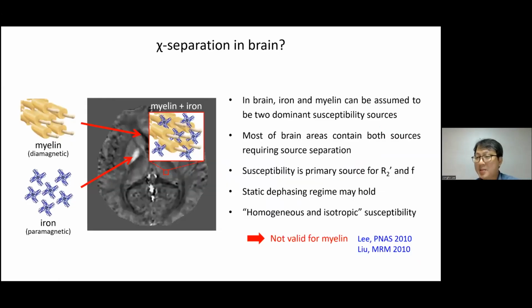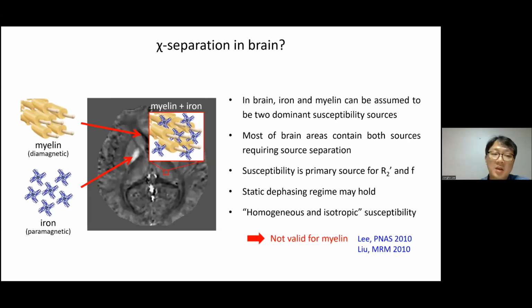Now, the phantom is not our target. Of course, the target is the brain, so the question is whether this will work in the brain. The good news is that in the brain, we roughly have two susceptibility sources. The first one is iron, which is primarily paramagnetic, or positive susceptibility compared to water.